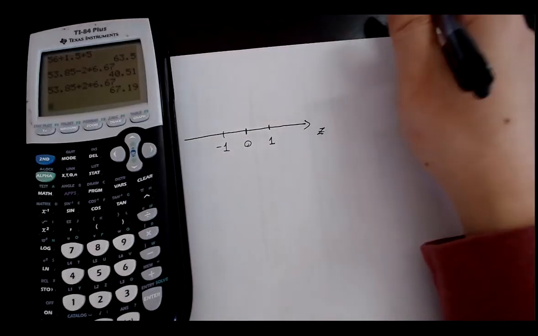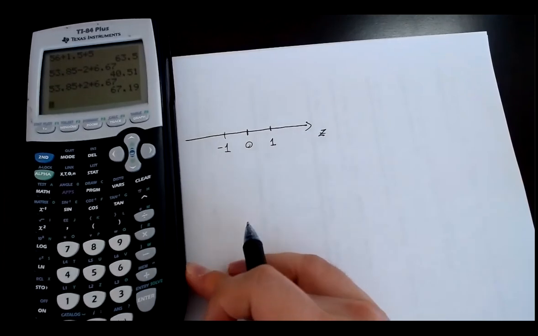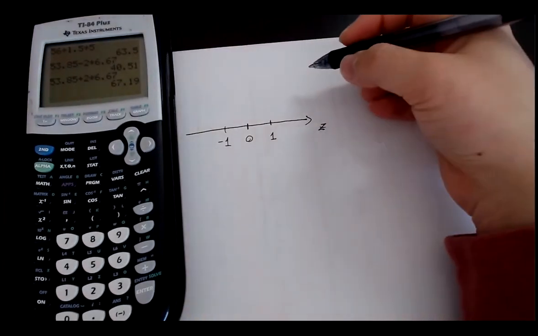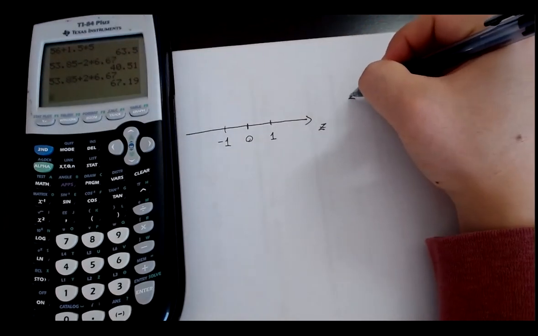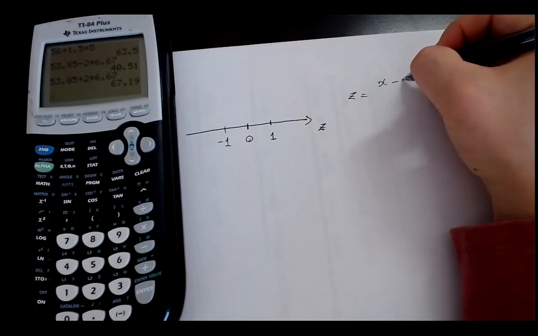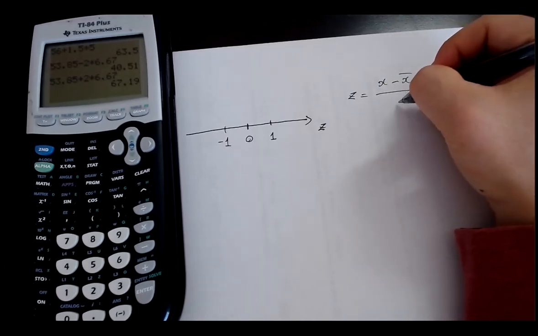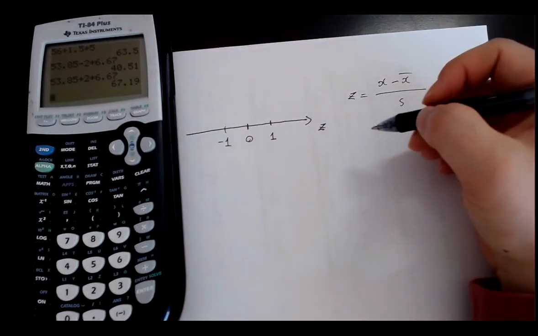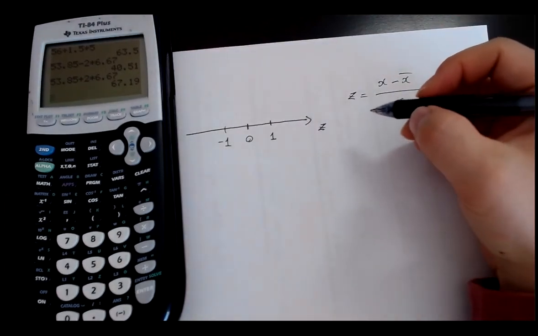Okay, so the formula is this. The Z-score is the given data value x minus the sample mean, divided by the standard deviation. So we're going to figure out the Z-score of 35.